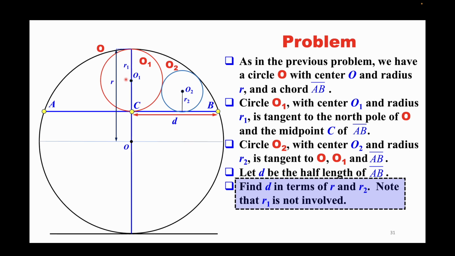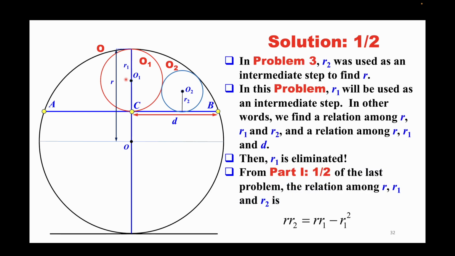So basically, we have more terms than needed, and one of which could be eliminated. So in problem 3, R2 was used as an intermediate step to find R. In this problem, R1 will be used as an intermediate step.